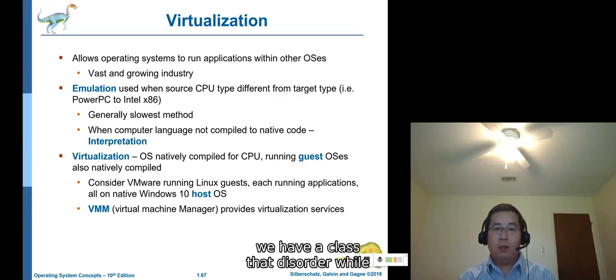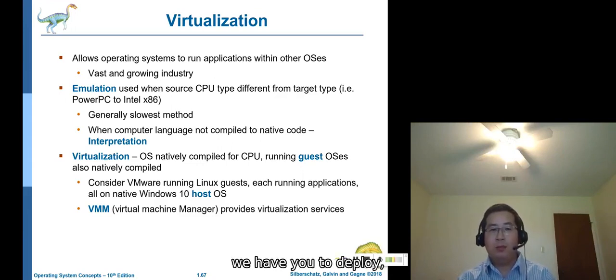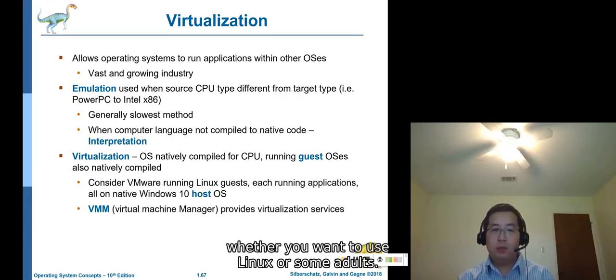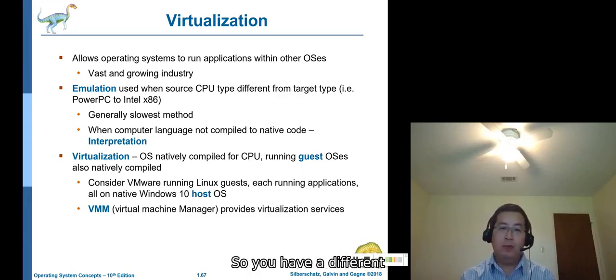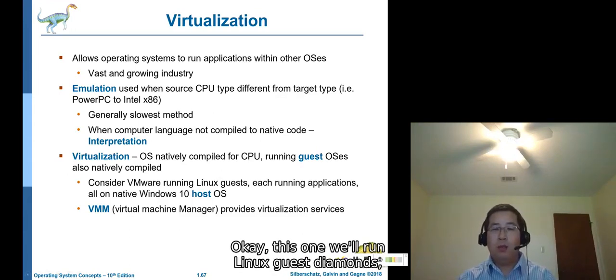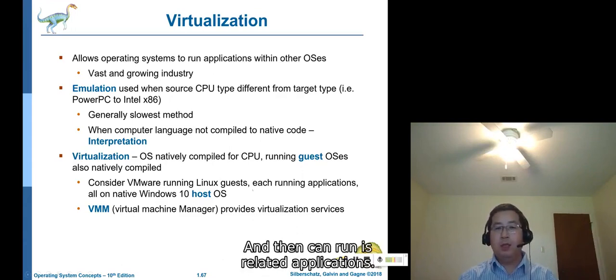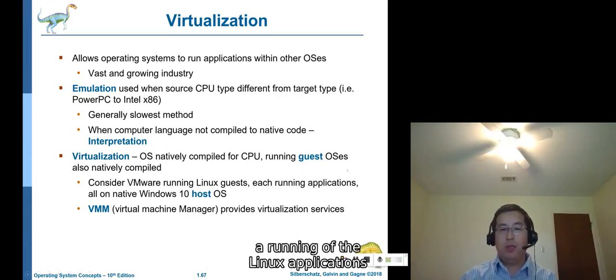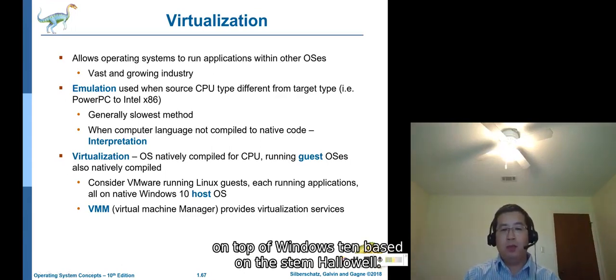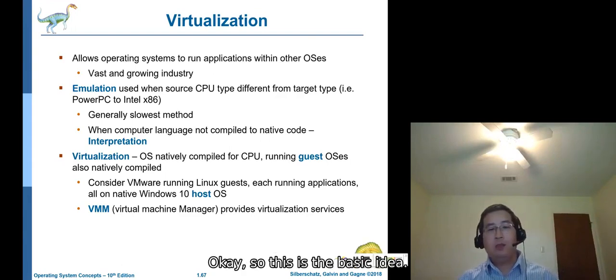This software will help you deploy whether you want to use Linux or some others. So you have different VMware applications. This one will run a Linux guest operating system, and then can run its related applications. That means you can simulate running Linux applications on top of Windows 10 based on the same hardware. Okay, so this is the basic idea.